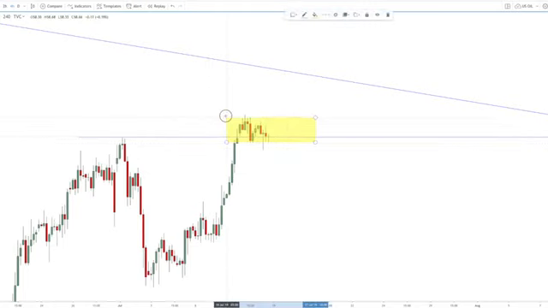Now at the moment, you can see here that we have rejected the downside, so I am expecting a push back up, and I expect a push back up to this region, but perhaps one last push up above this if we are going to see some downside, then a push lower.